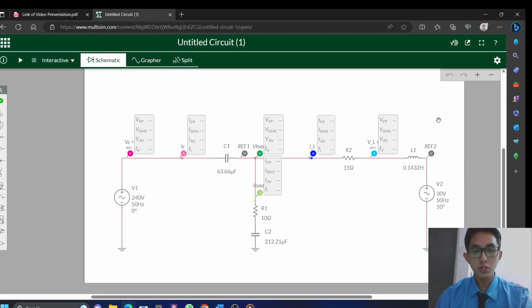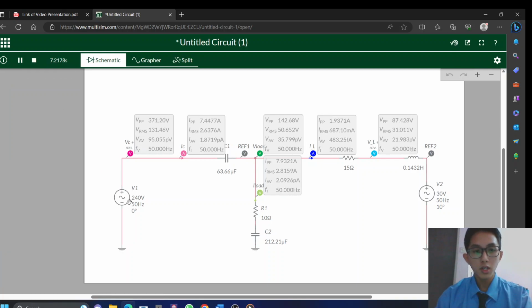This is our simulation, the circuit. We have used Multisim to develop it, and the simulation is like this. At first we use the AC voltage sources, voltage source 1 and voltage source 2.